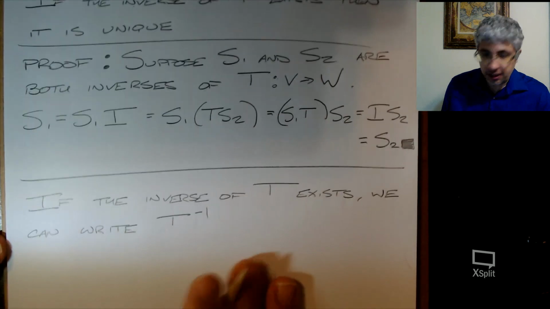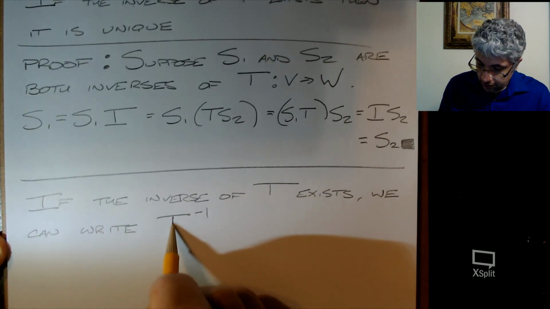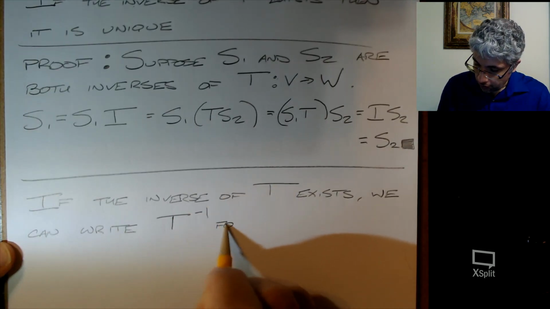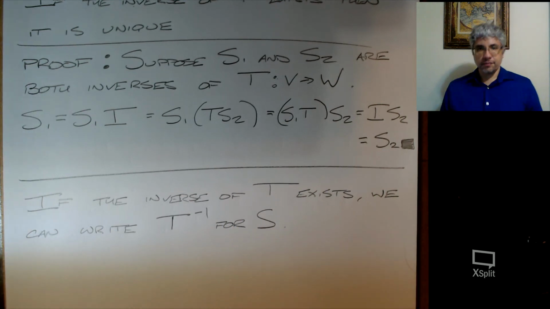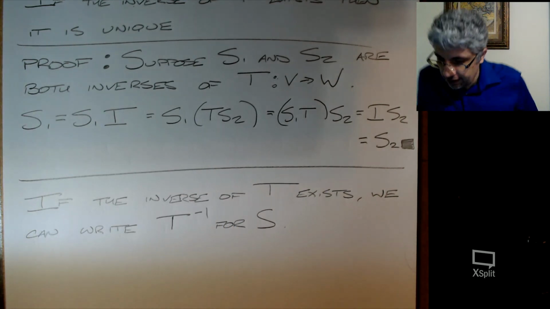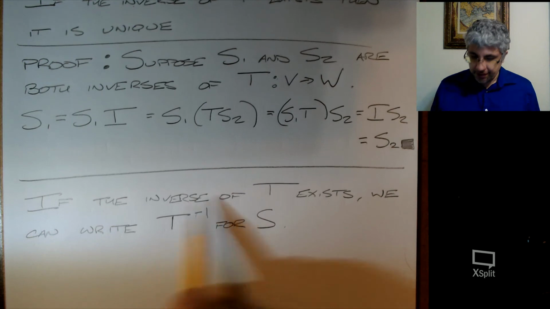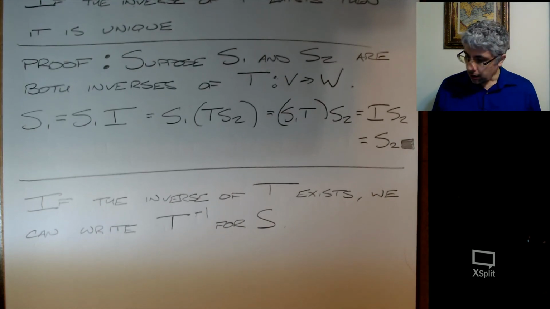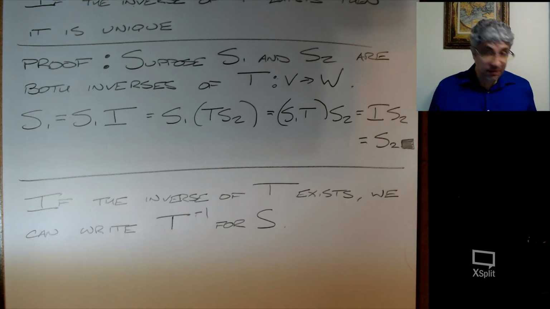We're going to write T inverse for our S. So instead of just saying the inverse of T is S, we can use this symbol, T inverse. Okay, so that's the basics. That's the definition of an inverse and a proof that inverses are unique. And we have our new notation. And there's plenty more that we can do with inverses coming up.